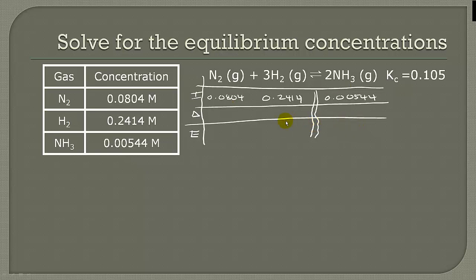So now we decided that the reaction, in order to get to equilibrium, needs to go from the left to the right. So we know the signs on the left are going to be negative, the signs on the right are going to be positive. The change for N2 is just going to be minus x, H2 is going to be minus 3x, and NH3 is going to be plus 2x.